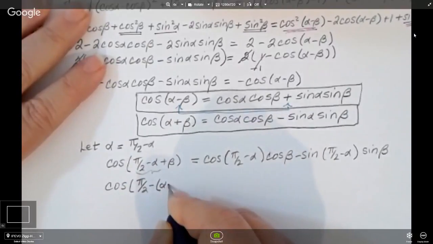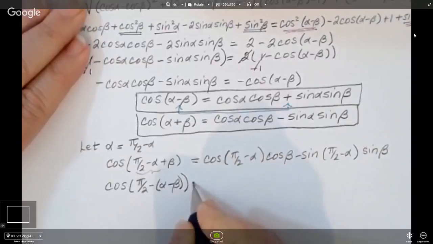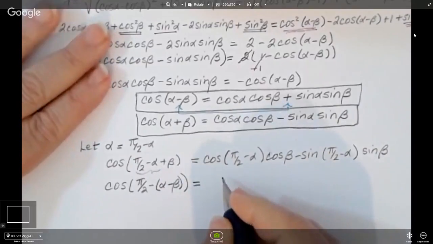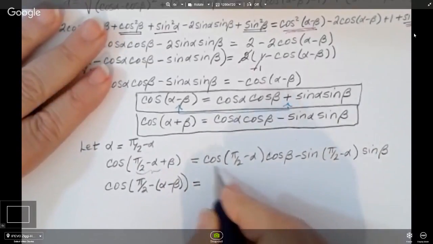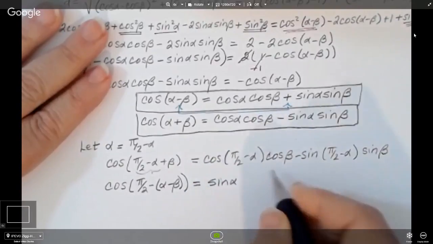So this is going to be cosine of pi over 2 minus, alpha minus beta if I factor a negative out of the last two. And now this is going to be my pi over 2 minus theta, which we all know is equal to the sine of theta. Now this side is going to equal, well, the cosine of pi over 2 minus alpha is just the sine of alpha using the cofunction identity.